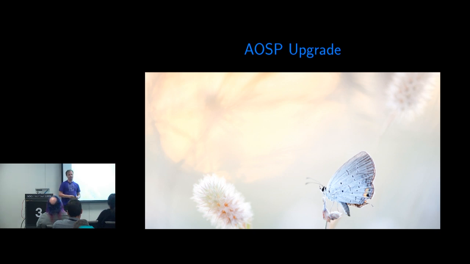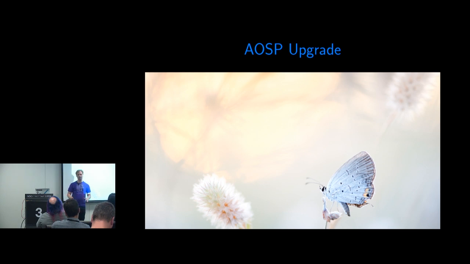And sometimes you might want to upgrade your AOSP. Because the AOSP contains all of your libraries, or at least most of your libraries. You can link in new ones in your APK, in your application, and push them up. But most of your libraries, most of your applications are part of the AOSP. And in the case of Android, you have Google, which makes the AOSP, and then you have a vendor.